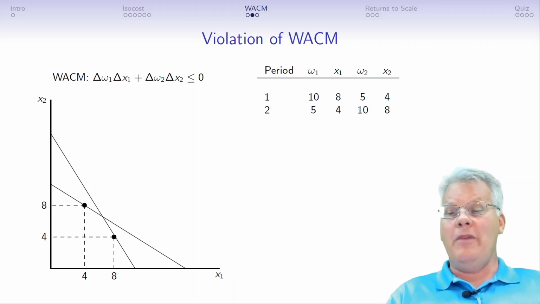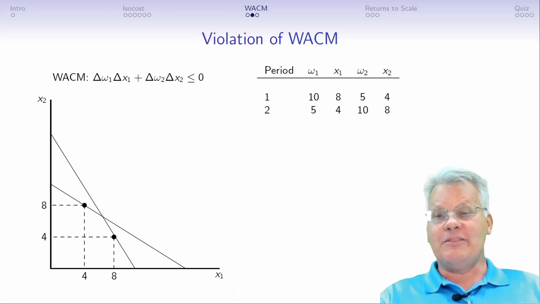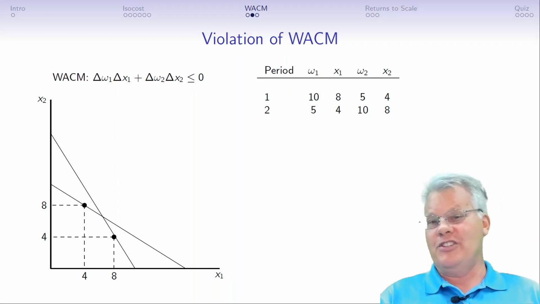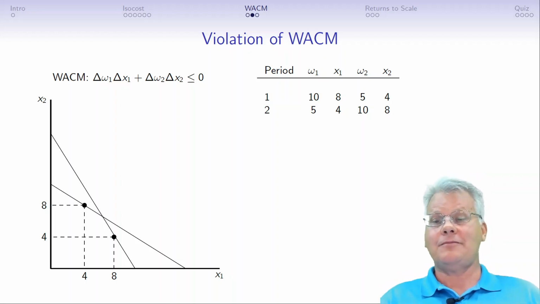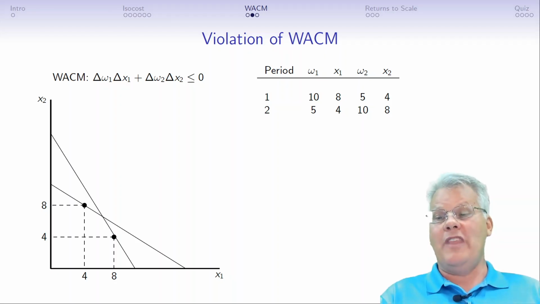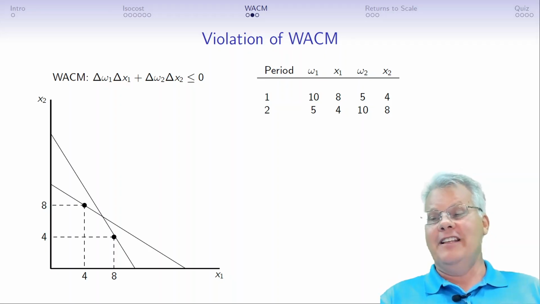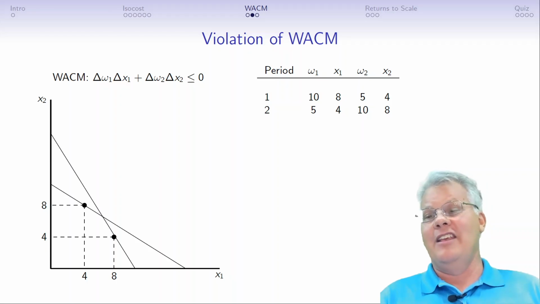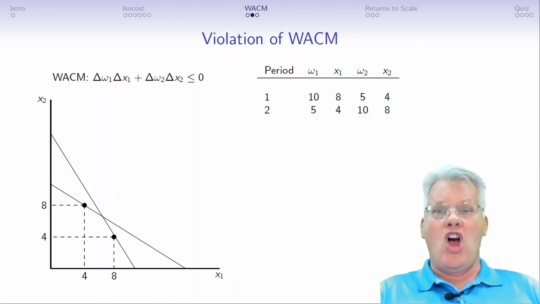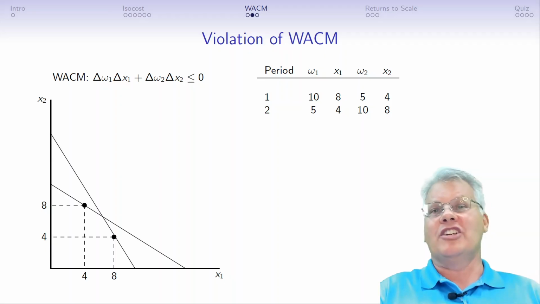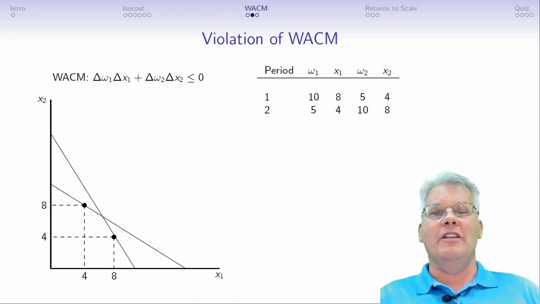So the firm is using a more expensive combination of inputs than they had to, and that's a violation of WACM. Likewise, when they use that second combination of inputs on the right, the combination on the left is in the interior of the set. So in both time periods, the firm is not choosing the cost minimizing technologically feasible combination of inputs.